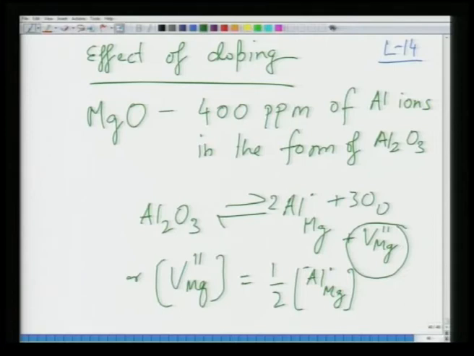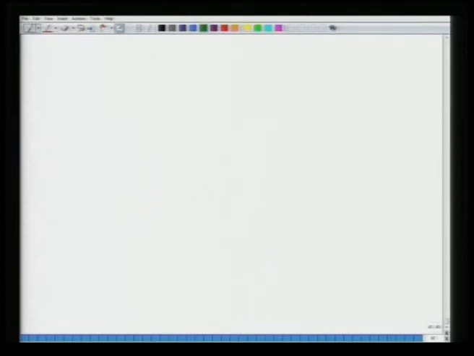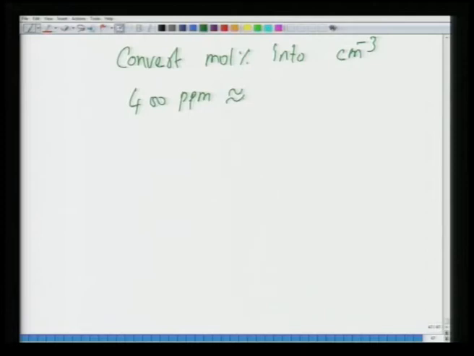So using simple principles, you can convert mole percent into per centimeter cube. So this 400 ppm works out to about 2 into 10 to the power 19 per centimeter cube. And since you know that, this is your aluminum concentration.